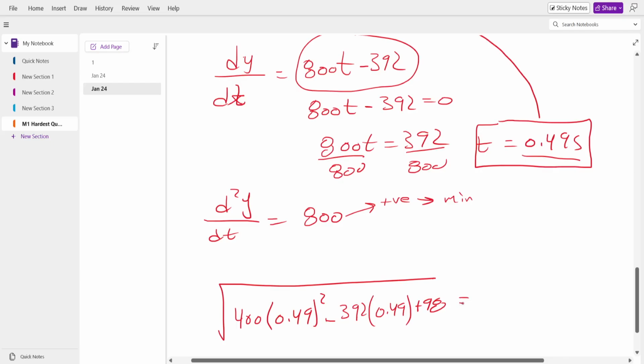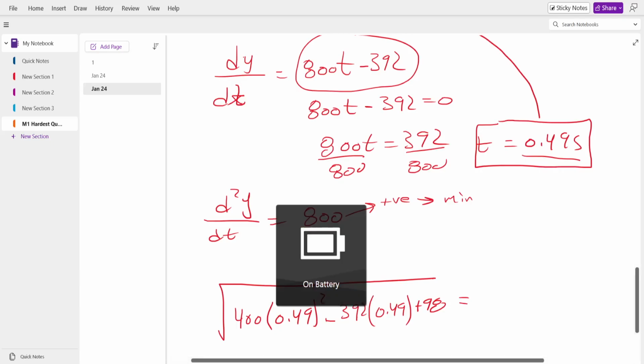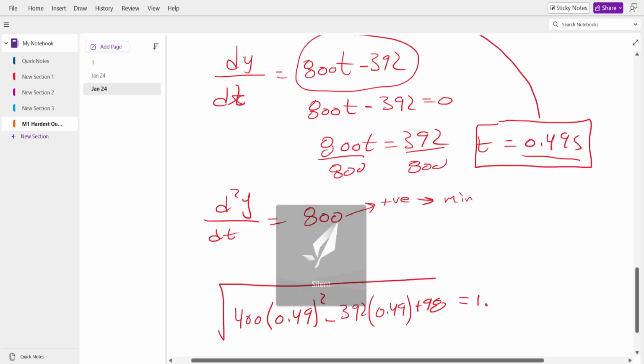And when we check our calculator to compute this, it's going to give us an answer of 1.4 kilometers, meaning that the closest they will be is 1.4 kilometers.